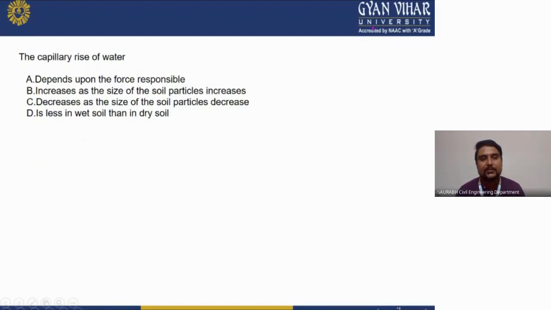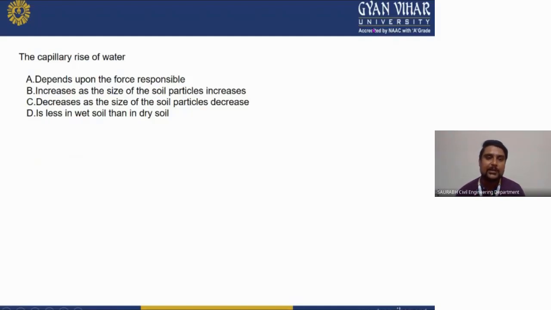Now there is the next question: the capillary rise of water will depend on what? First you need to know what the capillary rise of water is. As you know, what is capillary action? Suppose you put a brick in a water body, what will happen? Water will come up on the upward side of the brick. You will see after one day that water has come to the top of the brick.